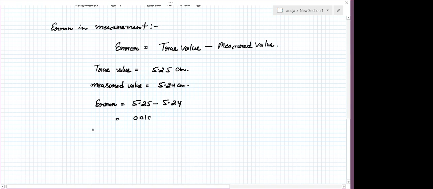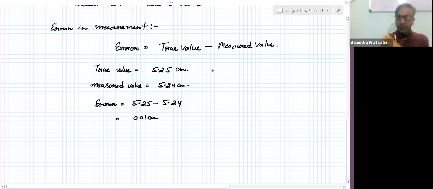0.01 centimeter. Okay. Next, suppose measured value is more than your true value. Suppose some student finds the measured value is like 5.26 this time. So what will be the error?